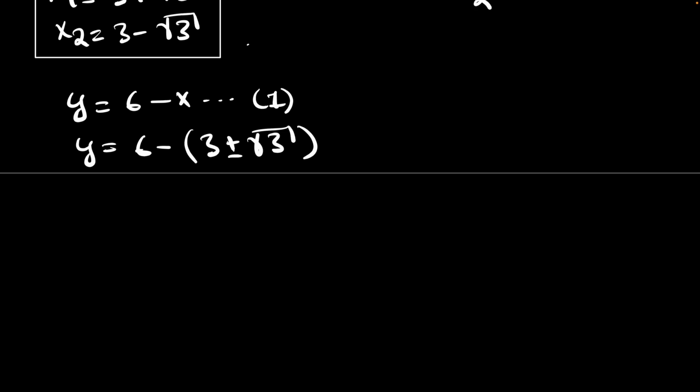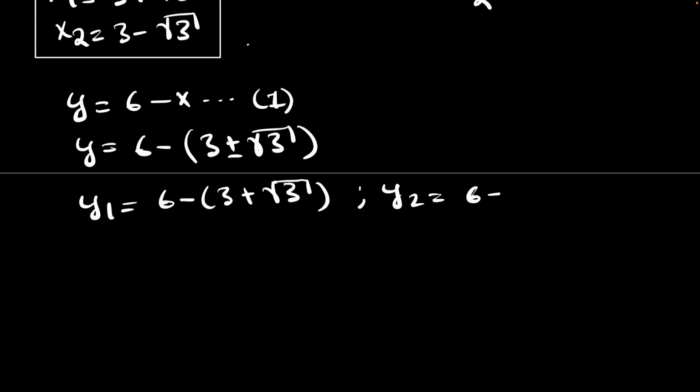So for y we also have two values. One is y1, which is 6 minus (3 plus the square root of 3), and the other one is y2, which is equal to 6 minus (3 minus the square root of 3).